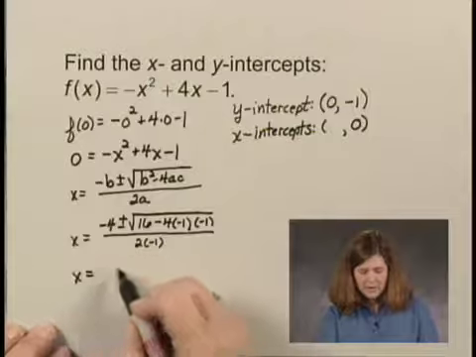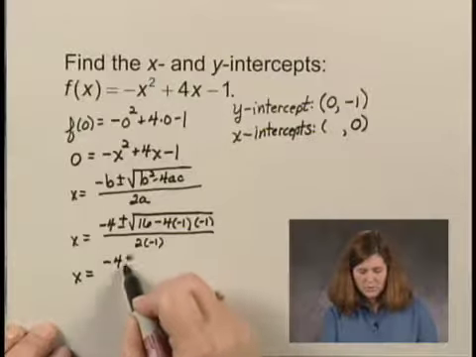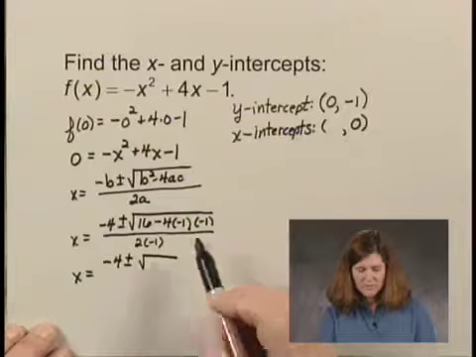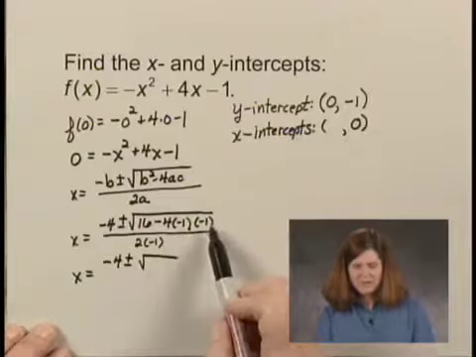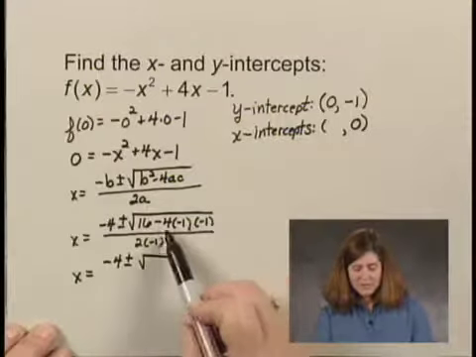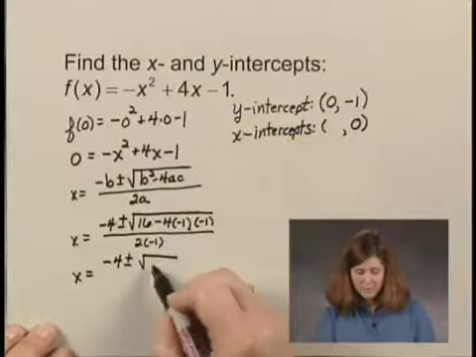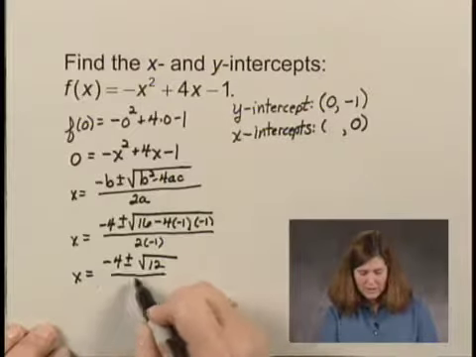That gives us the opposite of 4 plus or minus the square root of 16 minus 4, which is 12, and all that's over negative 2.